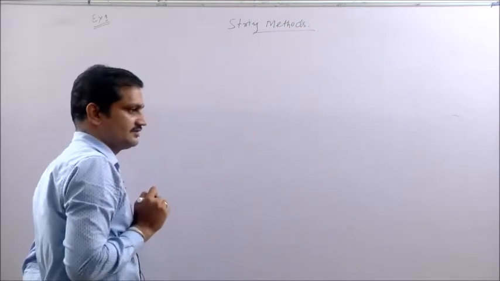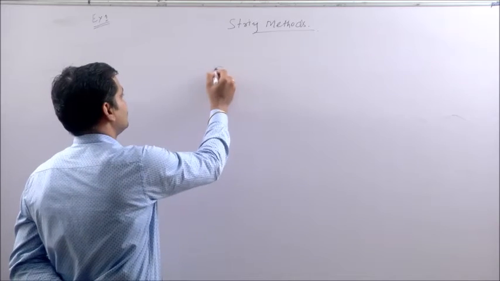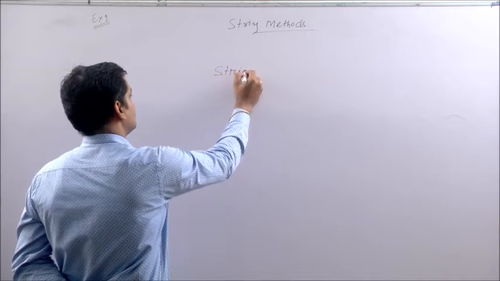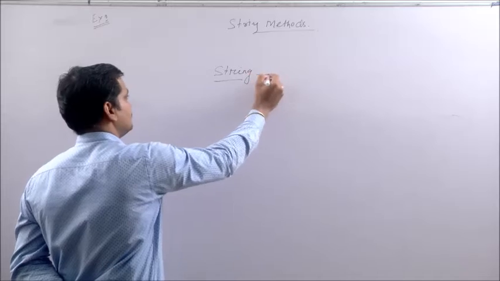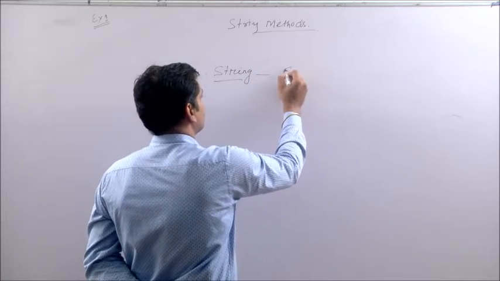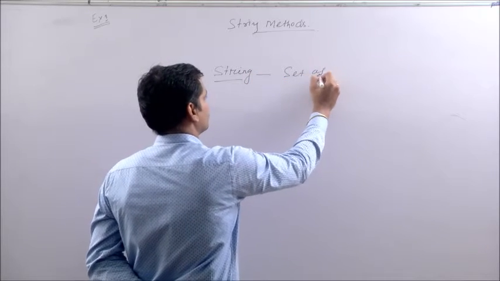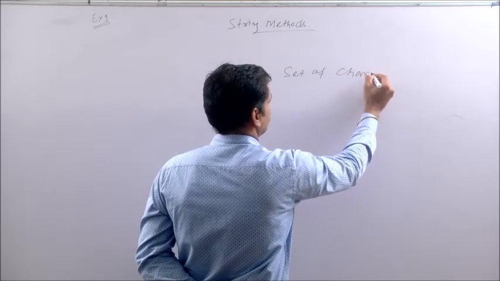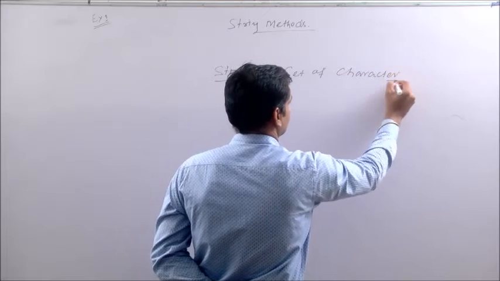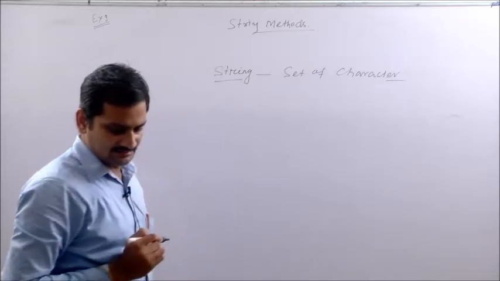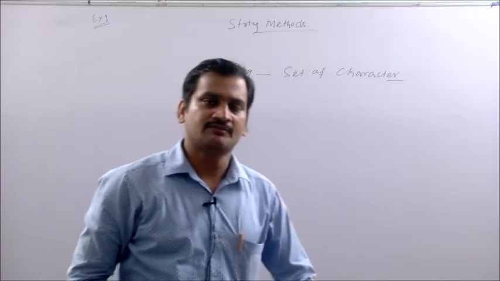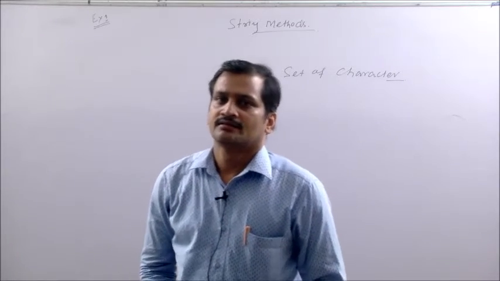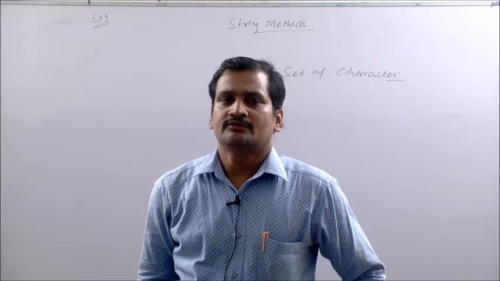Before going to discuss string methods, let us discuss what a string is, how a string is represented in Java. A string is a set of characters. A set of characters is defined as a string, and we use strings in many places like the name of students, the name of employees, the address, your email address.